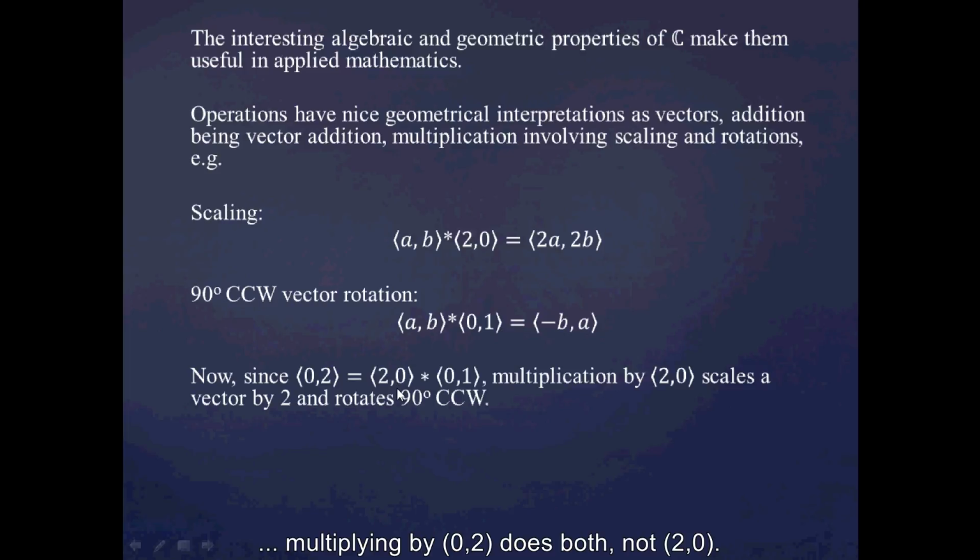So what that means is that the complex number (0, 2) is going to be the composite of the two actions. I know that (0, 1) rotates 90 degrees counterclockwise, and (2, 0) scales by 2. So the action of (0, 2) is going to be both: rotation by 90 degrees counterclockwise and scaling by 2. So you can see how we can start to compose operations here. We can talk about both scaling and rotating a vector simultaneously.